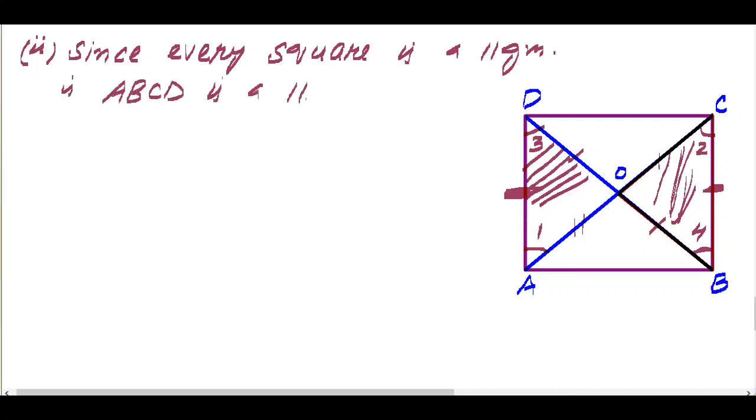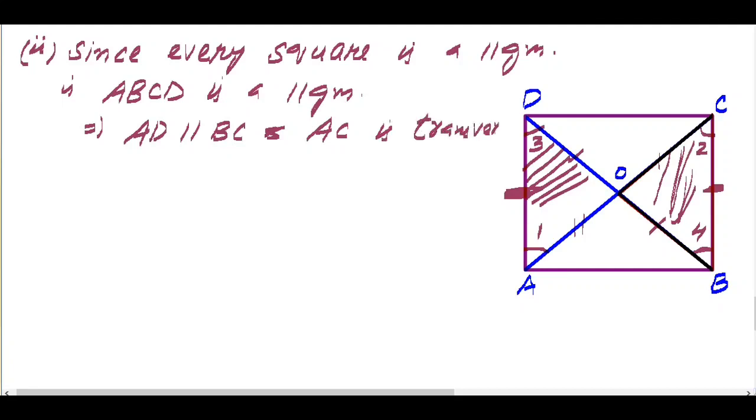When it is a parallelogram, which implies AD is parallel to BC and AC will act as transversal. So in that case, angle 1 is equal to angle 2 because they are alternate interior angles.